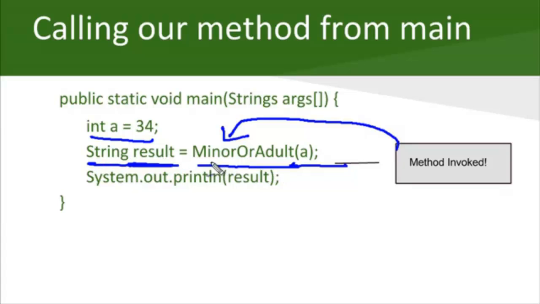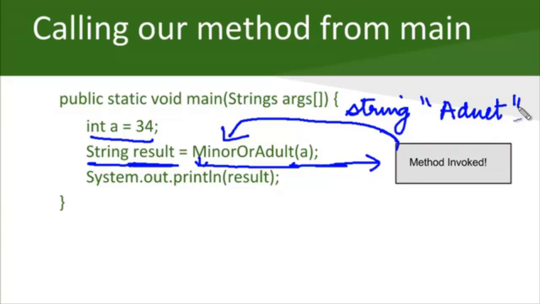When the method is invoked here and when it gets finished, it will go back to main with the string it returns. In our case, 34 is greater than or equal to 18, so it will return a string adult. This string will be stored in result, and when we print out result, the output of the system will be adult.